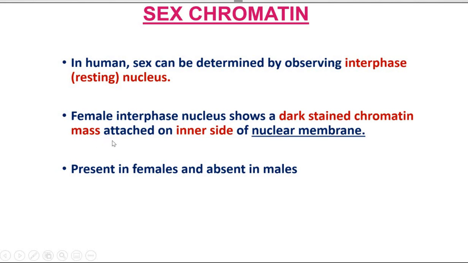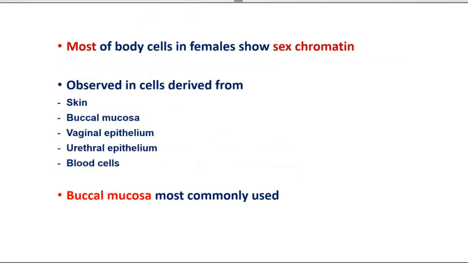Over here you will observe that in the nucleus of the cell there is a condensed mass of chromatin. It is present towards the inner aspect of the nuclear membrane in females. Mind you, it is present in females and it is not present in males. This condensed chromatin structure, you'll get to know why.